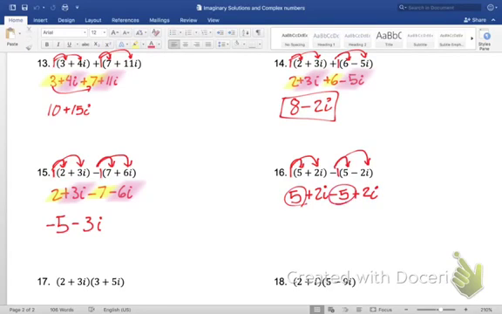This and this basically will go away. 5 minus 5 is 0. Plus 2i and 2i makes 4i. In here we don't have to have the 0, so my final answer is just 4i.